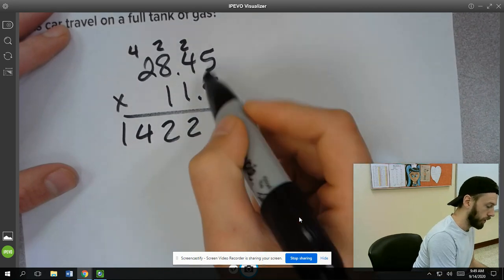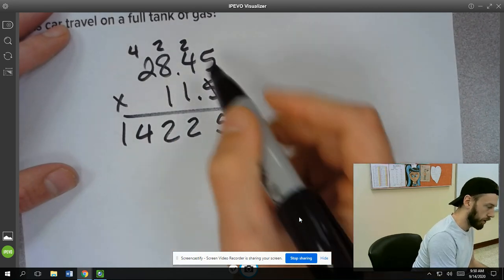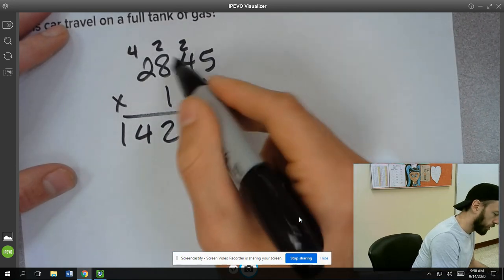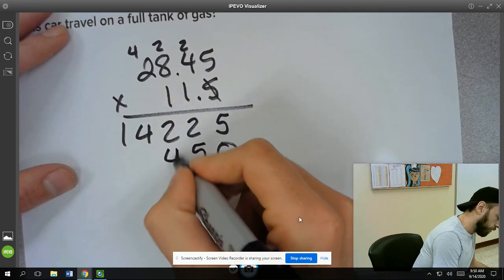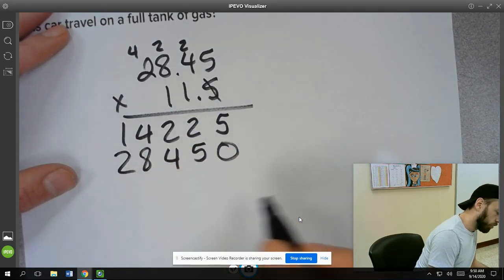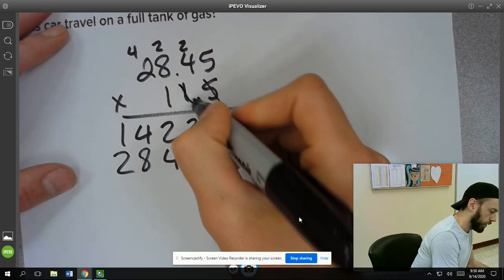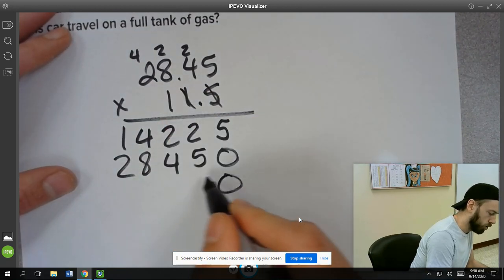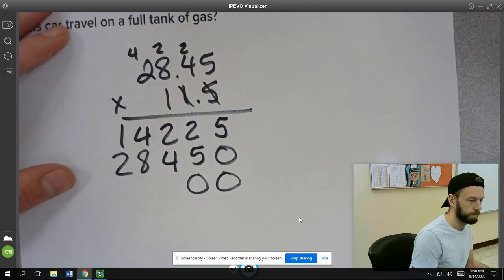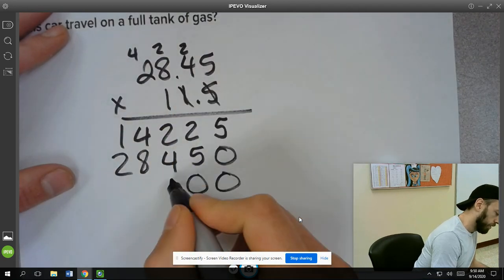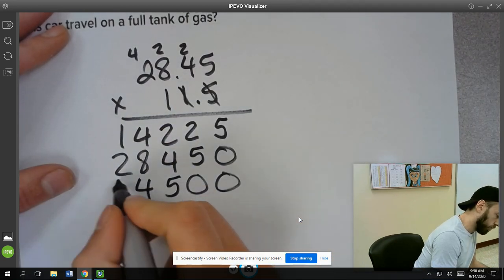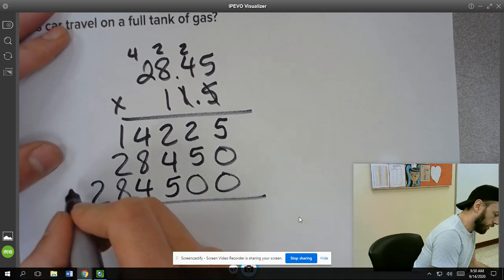Placeholder 0, because I'm done multiplying by the 5. I'm going to multiply by the 1 now. This should be easy because it's multiply by 1. 5, 4, 8, and 2. Now, when I'm done with this place, you're going to multiply by here, but that means 2 placeholder zeros here. You guys remember that? 1, 2, 8, and 2.